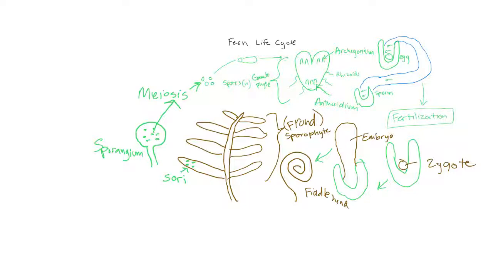And one other structure, they have these root-like structures called rhizomes once they become a mature sporophyte.